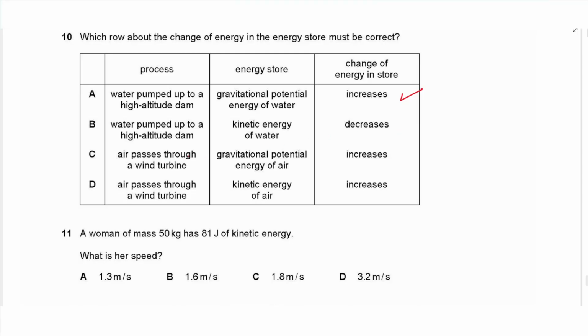No, not necessarily. Air passes through a wind turbine, gravitational potential energy of the air. No, unless the turbine is facing upwards or downwards. Air passing through a wind turbine, kinetic energy of the air increases. It should decrease since it hit the turbine, so this is wrong also. So the answer is A.